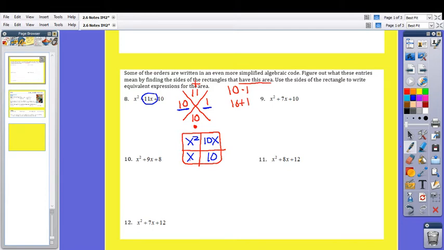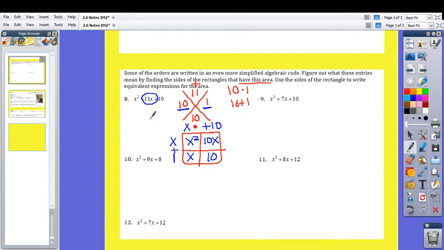So now when you are figuring out the sides, this will be x and this will be x also, because x times x gives you x squared. And if this is x, then this has to be 10. Why? Because 10 times x will give you 10x. Now here, if this is x, this has to be 1, because 1 times x will give you x, and then 1 times 10 will give you 10.